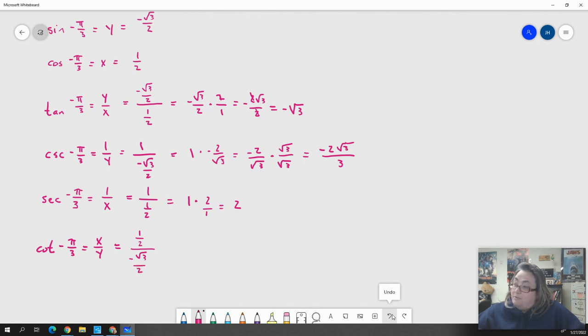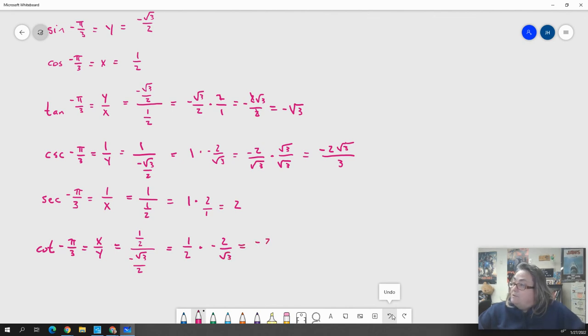Remember, when we're dealing with a fraction over a fraction, that's saying a fraction divided by another fraction, and the way we handle that is we take the 1/2 and we multiply it by the reciprocal of the denominator, right? We flip it over. So negative 2 over radical 3.